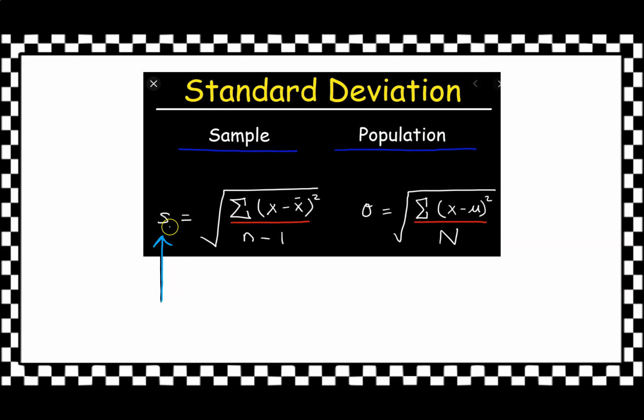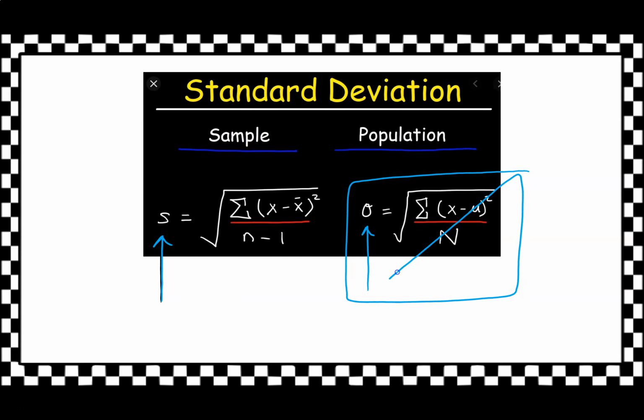So if you see this letter S, and we're going to see it on our graphing calculator, that stands for standard deviation of the sample. Versus this Greek symbol right here, that's going to stand for the standard deviation of the population. I wanted to show this to you because you might see this in your life, but for the most part, we are not going to be using this formula.